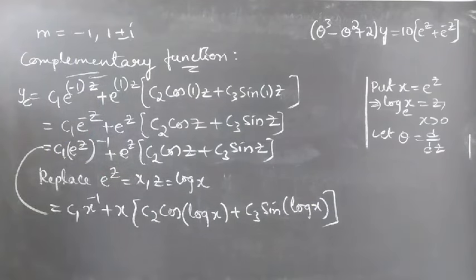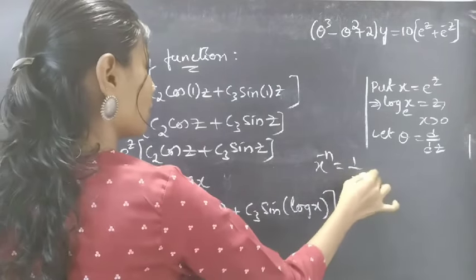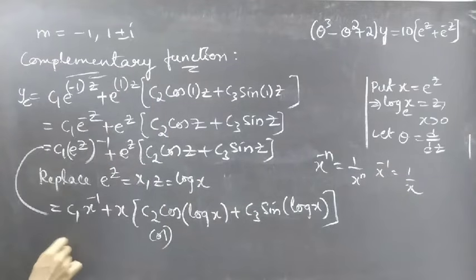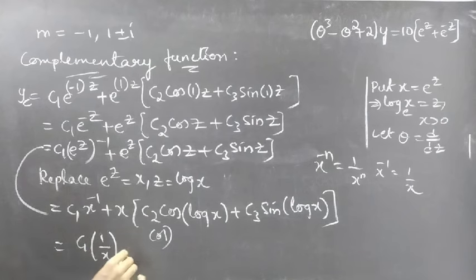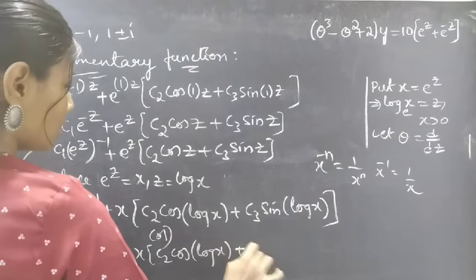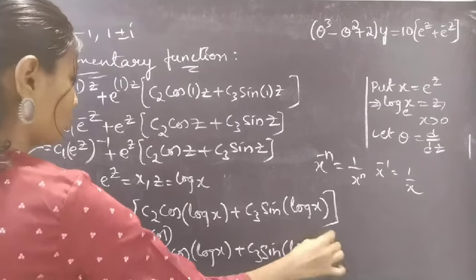Right? Or we know that x power minus n equals 1 by x power n. Then we can write x inverse as 1 by x, right? Or we can write it as c1 into 1 by x plus x times c2 cos of log x plus c3 sin of log x.